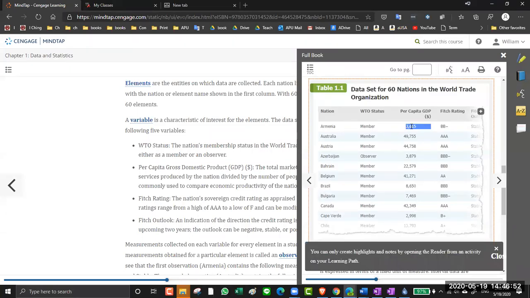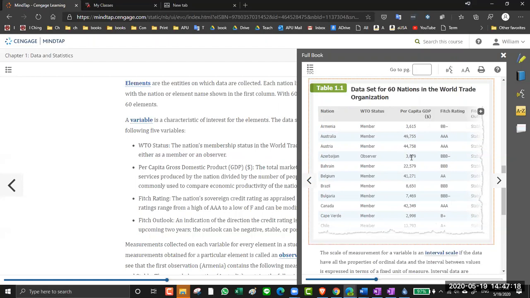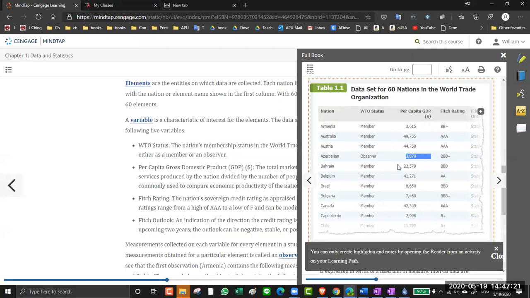So 365 is called a measurement on Armenia with regard to GDP. 4975 is called a measurement on Australia with regard to GDP. 3879 is called a measurement on Azerbaijan with regard to GDP.